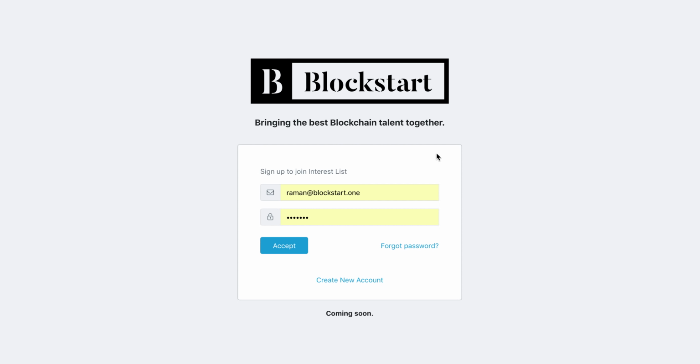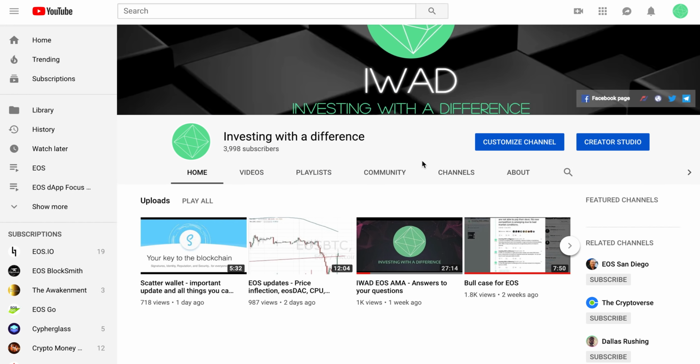We are still in the process of creating the Blockstart portal, and we are bringing the developers together, and we are going to be incubating a lot of dApps on EOS, and hope that we will get support from you, and we are already getting great support from the EOS community on this. So look forward to building together on EOS, and a great 2019 ahead.